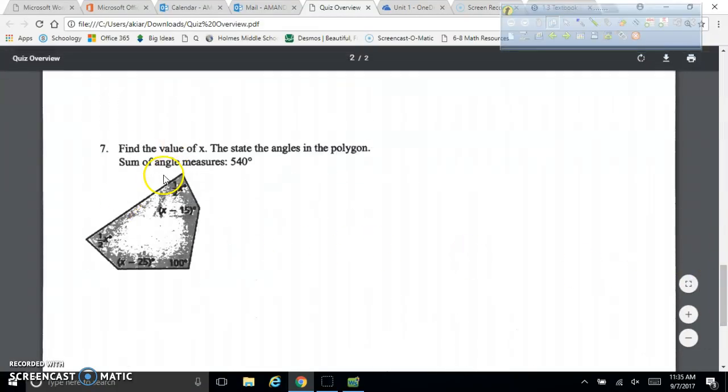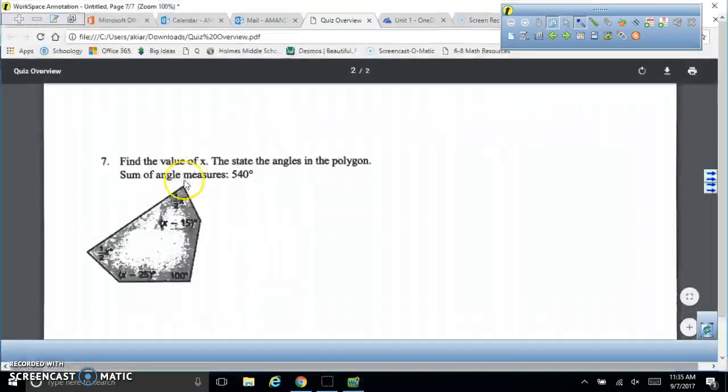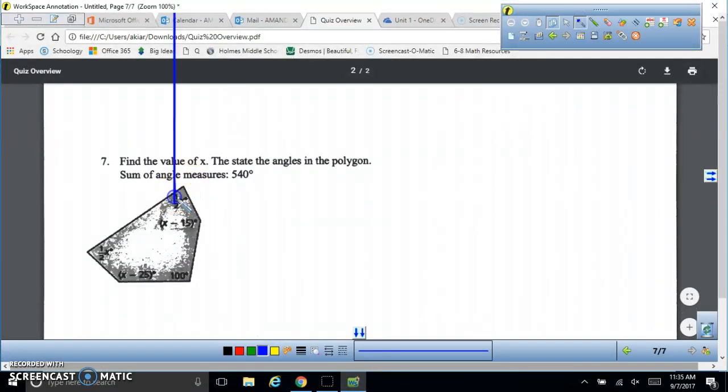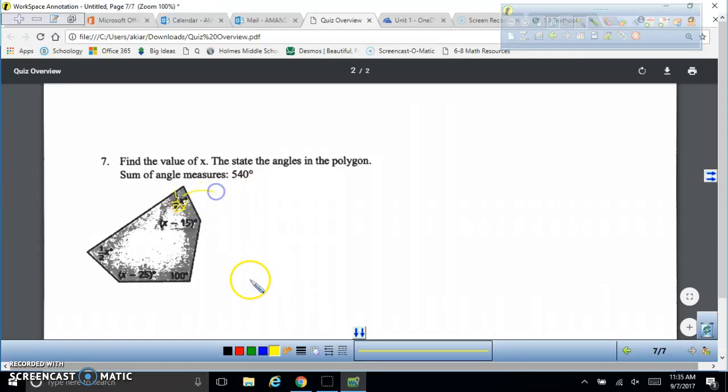Ooh, I'm going to have to rewrite all of that stuff in there because we cannot read that. This says 1/2 x degrees.